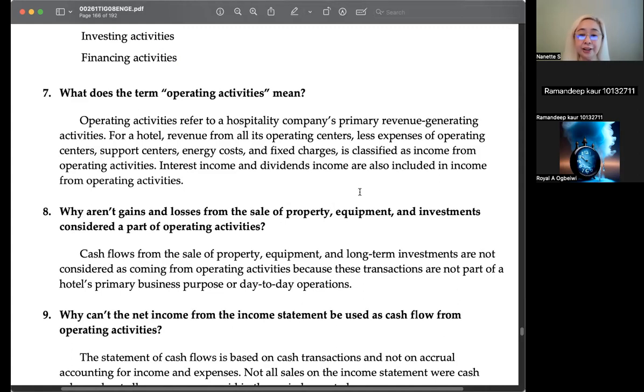Thank you, Royal. Like I mentioned before, you have revenue generating centers and you have operating or support centers. Your revenue generating centers would be your sales from sleeping rooms, function rooms, and sales of your food and beverages.